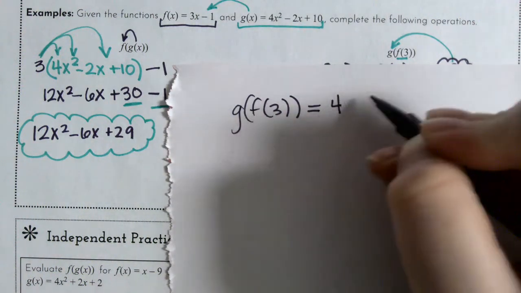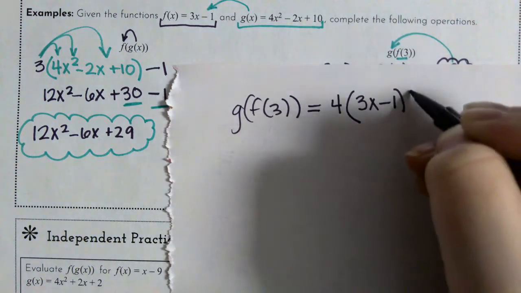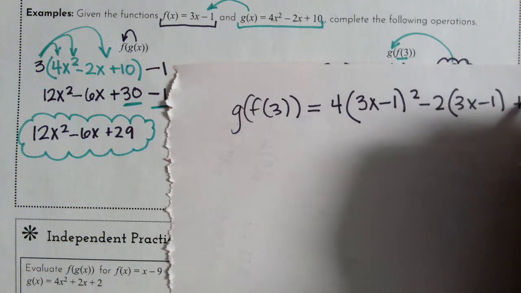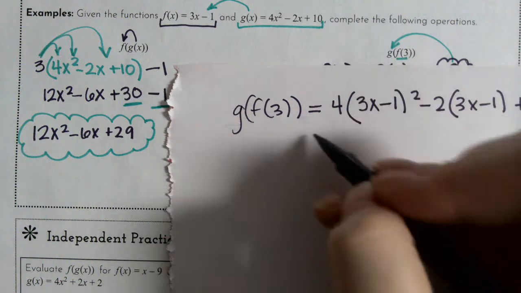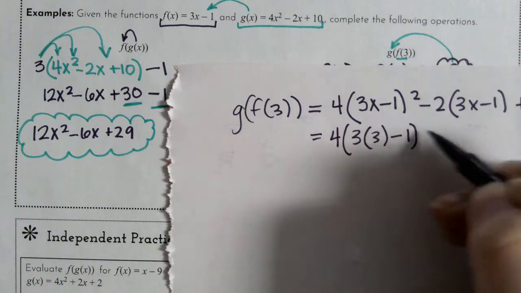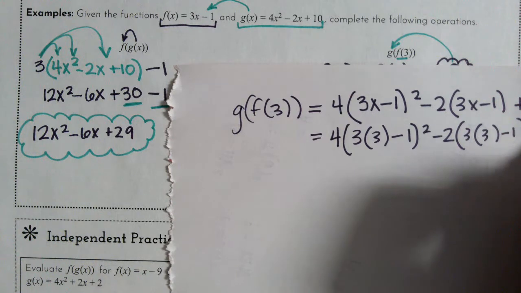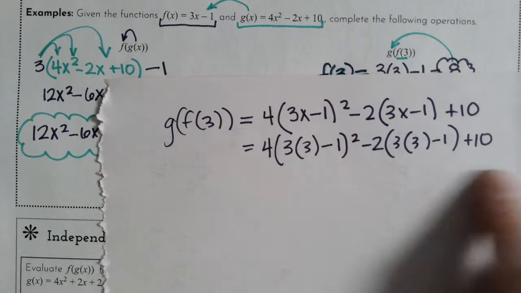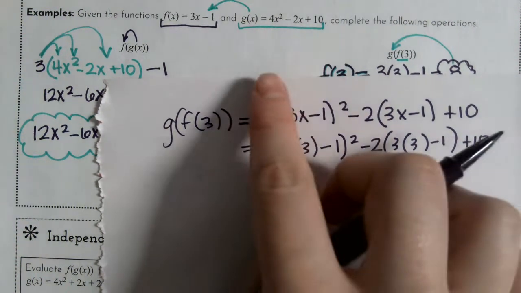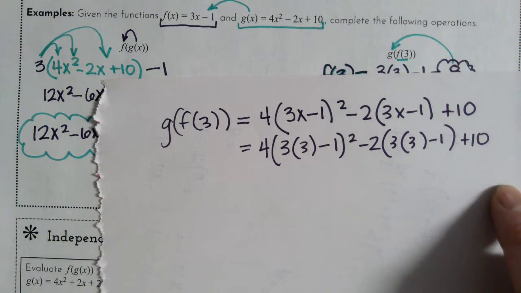So I would have 4, then parentheses, 3x minus 1 squared, minus 2 times 3x minus 1, plus 10. And then I need to plug in that 3 still. So I have this craziness. This is the insane thing that you would need to do if you wanted to plug it all in at once. And then you could type this into your calculator and you'll get the exact same thing.